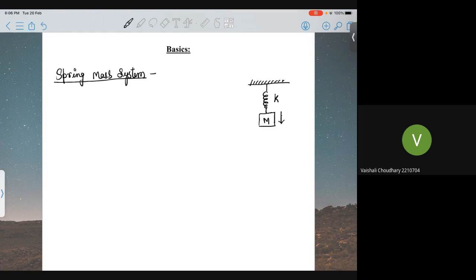So when we attach a mass to a spring, the spring automatically starts to stretch, right? This is the displacement x.